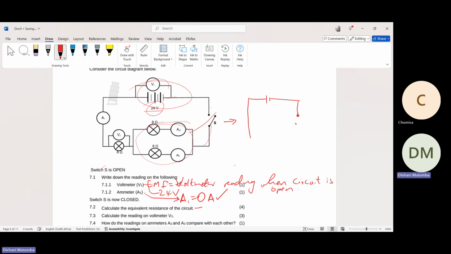The switch is now closed, it's fine. But now the equivalent resistance is 4 ohms. Then we have another resistor, which is 8 ohms. So now I have two resistors that are in series. Do you see that? Yes, sir.